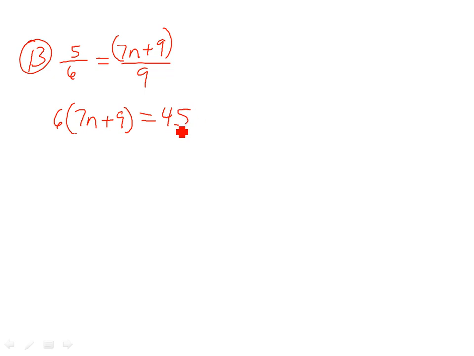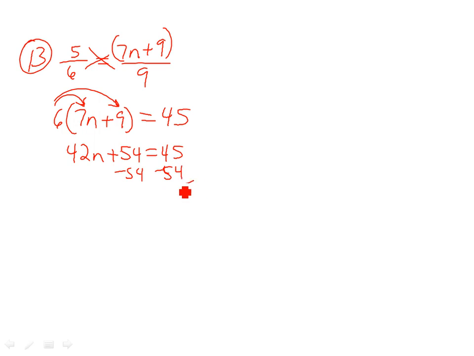So you got that right? When you cross multiply, 42 in plus 6 times 9 is what? 54. And then I minus 54, and I got negative 9 equals 42 in. And then I got, for my answer, negative 3 over 14.